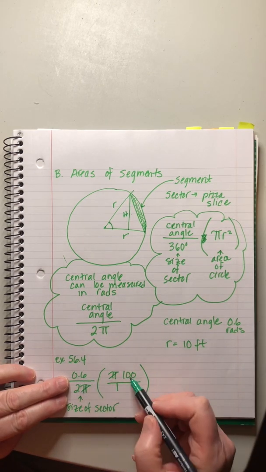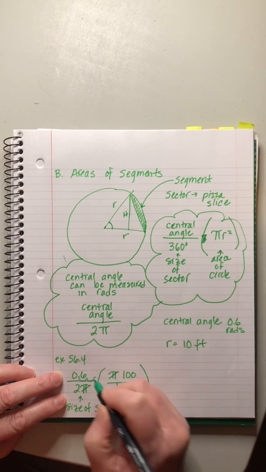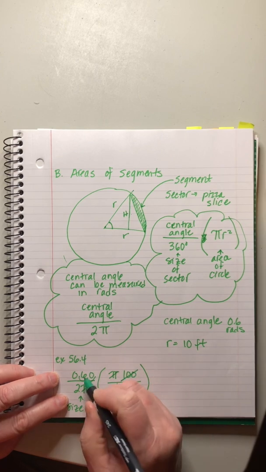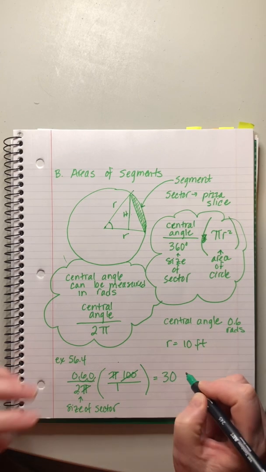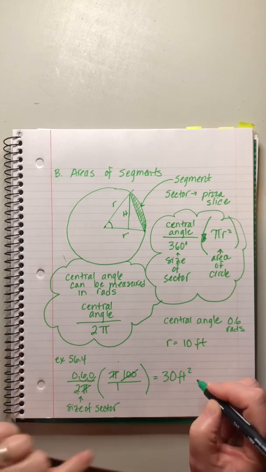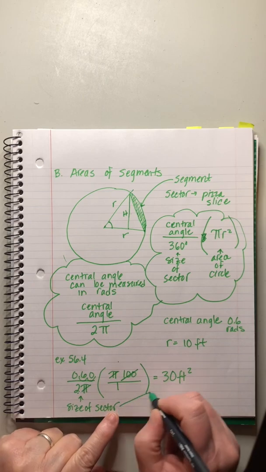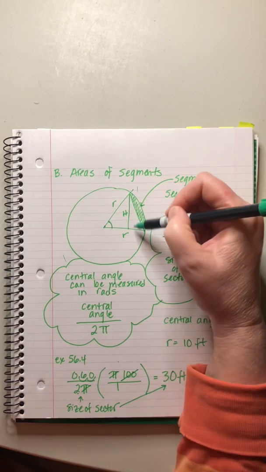Let's multiply this by this. This will make it 2 decimal places bigger, so that becomes 60. 60 divided by 2 is 30. So what we find out is 30, in feet squared. This is the size of the sector, so this is the whole slice.